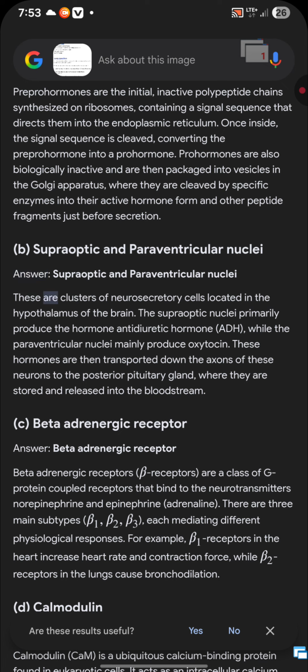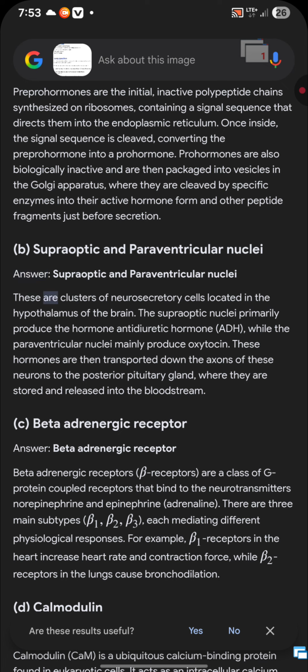1. Hypothalamus pituitary axis. Neurosecretion is central to endocrine regulation, primarily through the hypothalamus pituitary axis. 2. Hypothalamic hormones. The hypothalamus secretes releasing and inhibiting hormones, e.g., GnRH, CRH, TRH, into the portal system, controlling hormone release from the anterior pituitary gland. 3.